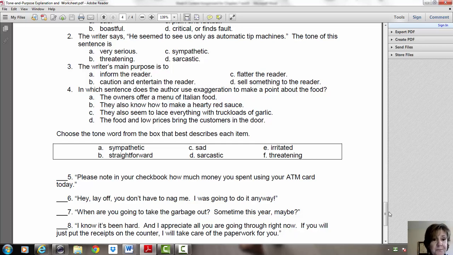In which sentence does the author use exaggeration to make a point about food? "They offer a menu of Italian food." "They know how to make a hearty red sauce." "They seem to lace everything with truckloads of garlic." Or "The food and low prices bring the customers in the door." Which is it?